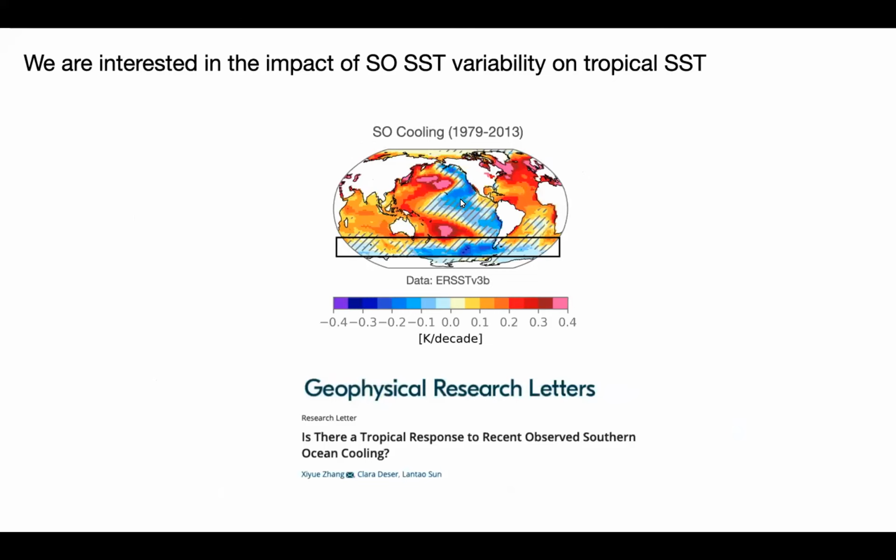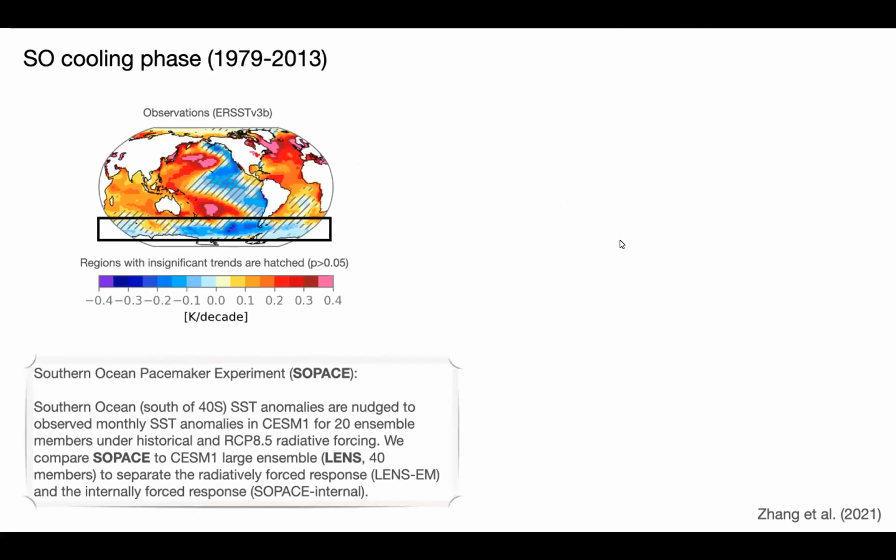First I'm going to go over quickly the Southern Ocean cooling phase. This study has been published in GRL, and I'm going to introduce the experiments, how we were able to include the observed Southern Ocean variability in a coupled climate model. The method that we use is called a pacemaker experiment.